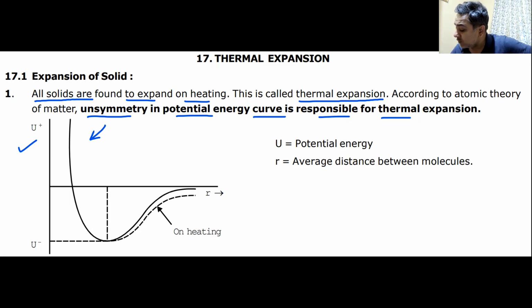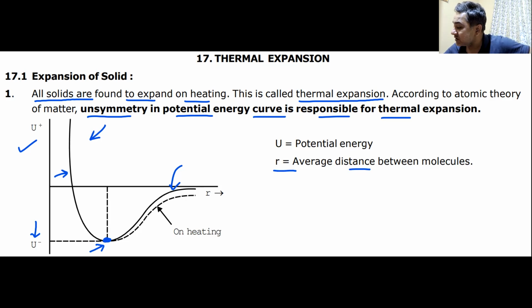On the left hand side, you can see the curve is very steep. On the right hand side, after this point, the curve has become much less steep and it is not similar. This is the point where the potential energy is minimum, and this is the distance between the molecules, the intermolecular distance.